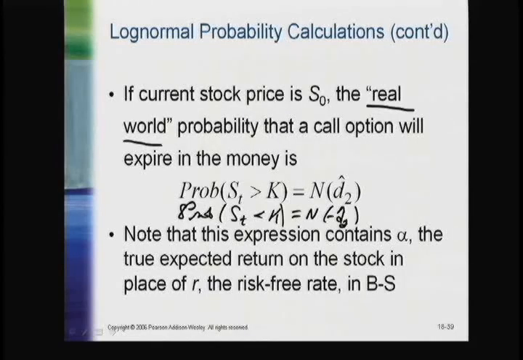These are real-world probabilities. So if you bought a call, this would be the real-world probability of getting a payoff. And if you bought a put, this is the probability we think about as truly reflecting our odds of getting a payment. So this would be a call or a put.